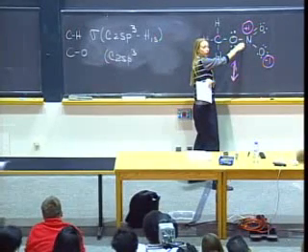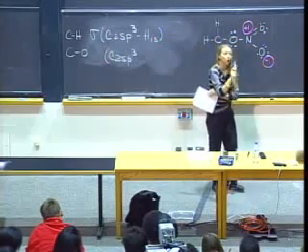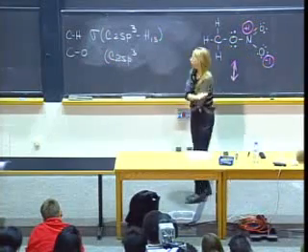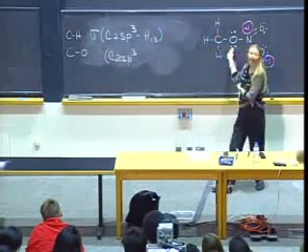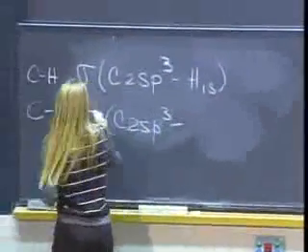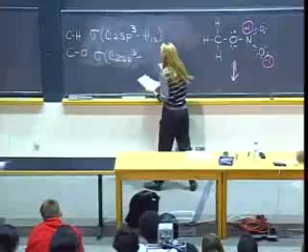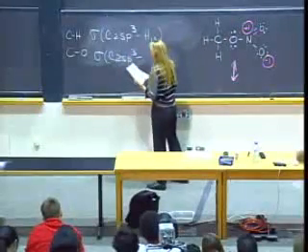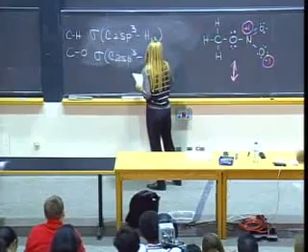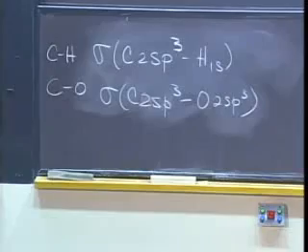It has no double bonds, no triple bonds, so this oxygen is also Sp2 hybridized. This oxygen looks like the oxygen in water. Right? So this is going to be a sigma bond. It's going to be symmetric around that axis between carbon 2sp3 and oxygen 2sp3. Hey, we got that bond.